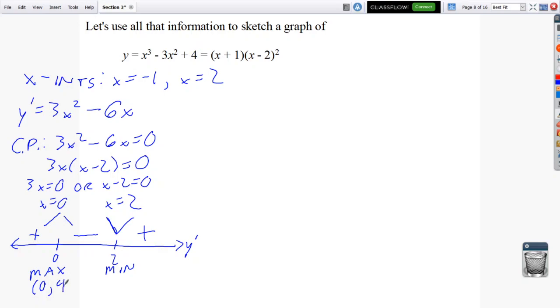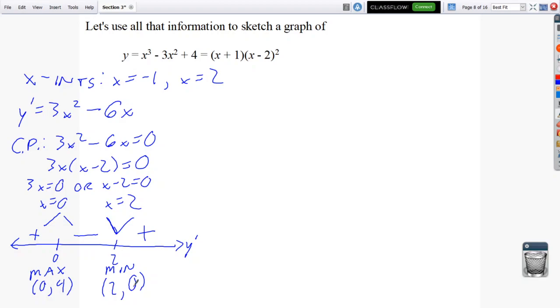That's (0, 4), my local max, I should say. It's not my absolute max, I don't know that for sure. And my min value is going to be at 2, and plugging it in here is going to be easier: 2 minus 6... oh, I already knew that, that's (2, 0). All right, cool. So now I have a maximum value and a minimum value.